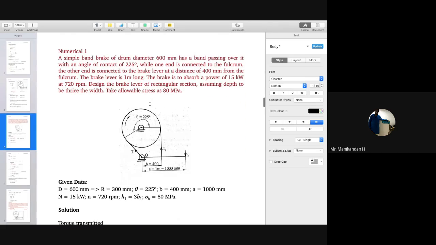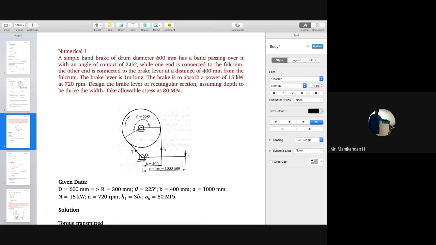Okay, numerical 1. A simple band brake of drum diameter 600 mm has a band passing over it with an angle of 225 degree. While one end is connected to the fulcrum, the other end is connected to the brake lever at a distance of 400 mm from the fulcrum.